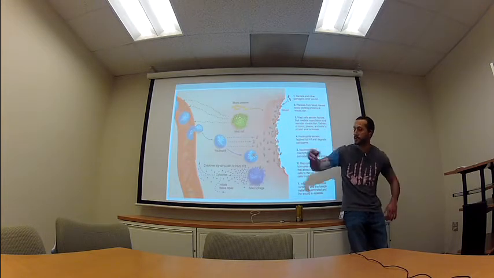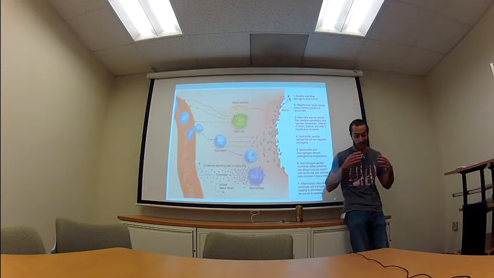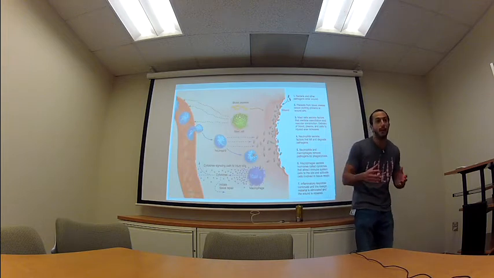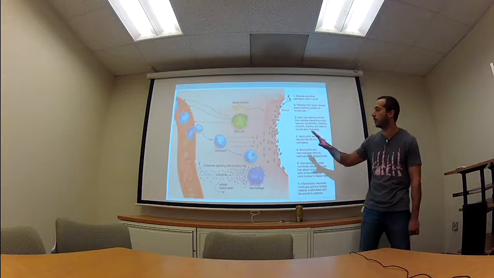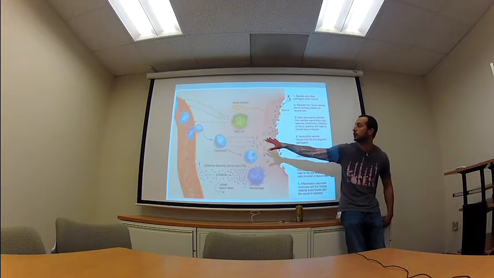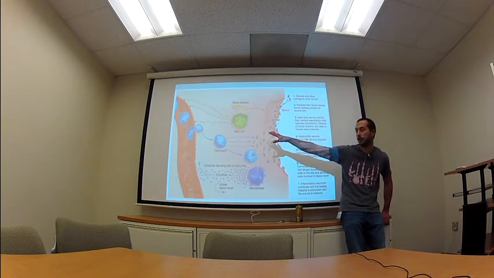And so what happens is because of the endothelial effects, you're changing the flow pattern, and this is just a matter of the properties of flow. When you change the diameter of a pipe, you change the flow. And what that allows the neutrophils to do is to more easily attach to the endothelial walls.